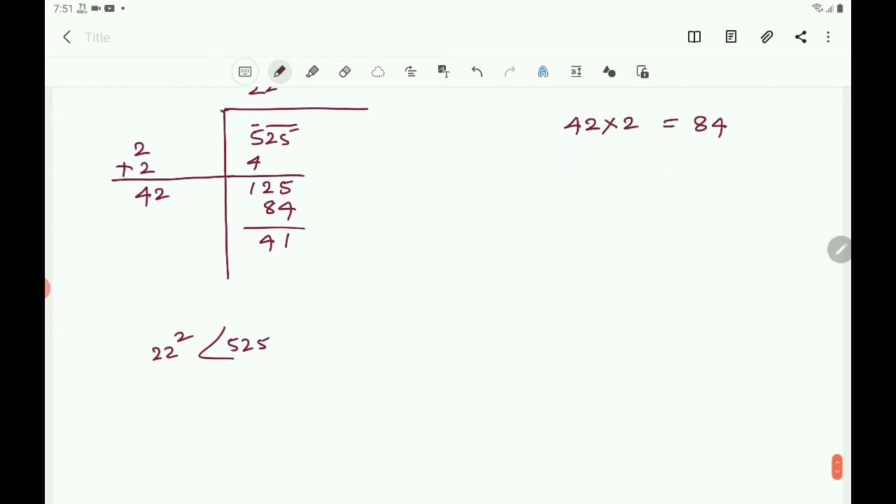Now you find the next square number, that is 23 square. 23 square means 23 into 23. So you know 23 into 23.